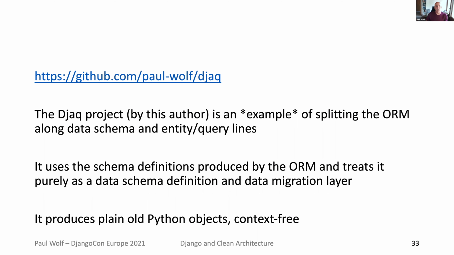Now, I've written a project called JAQ. It stands for Django Query. It provides a query language based on strings to query the ORM for objects, and only returns Python standard library objects like dictionaries or tuples or lists. Now, the reason I mention this here is just to show that you can break up the ORM into its different features.